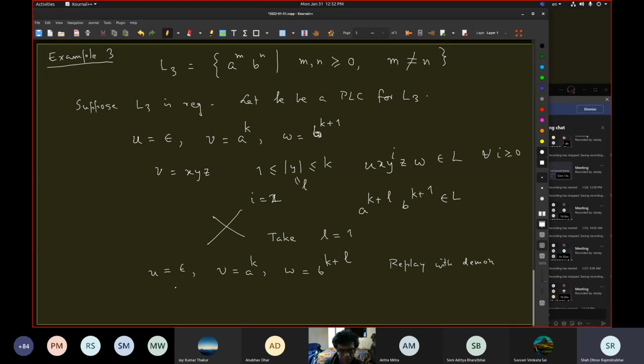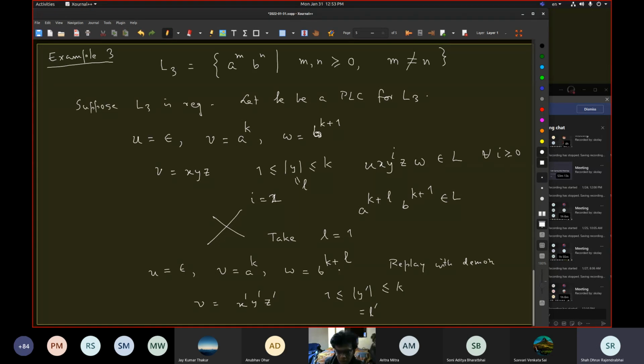This time, the daemon will again give you a decomposition of V into X prime, Y prime, Z prime, such that the length of Y prime, which let us call L prime, will satisfy this.